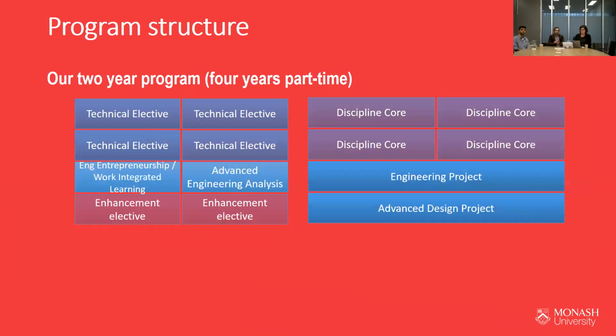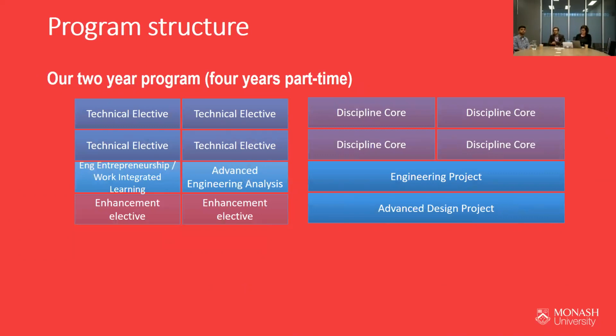For the 2-year program, the structure is slightly different. You still have discipline core units, you still have entrepreneurship, work integrated learning, and enhancement electives, but you now have technical electives. They are basically meant to give you a bit of foundation. The main difference between the 2-year and 1-year program is the project, the engineering design project and engineering research project.